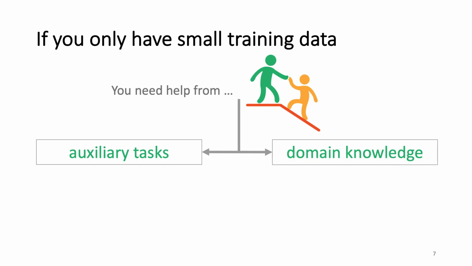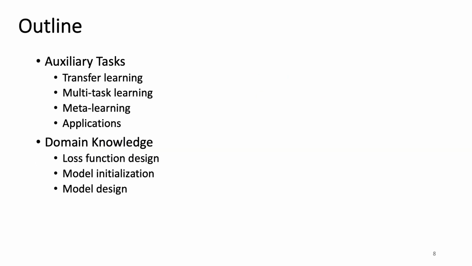So our tutorial will mostly focus on these two categories. On one side is how to transfer knowledge from auxiliary tasks. And another big category is how to use domain knowledge to boost the performance of machine learning models when we face small data. I'll get started with the first category, how to transfer knowledge from auxiliary tasks.